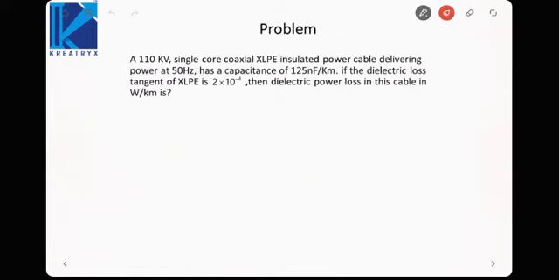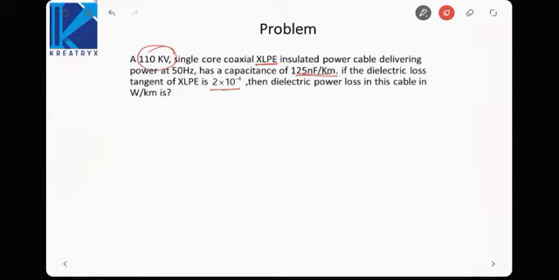Let us look at a problem based on the underground cable. A 110 kV single core coaxial XLPE (cross-linked polyethylene) insulated power cable at 50 Hz has a capacitance and dielectric loss tangent given. We need to find dielectric power loss. First of all, if you observe the voltage level, it is not given whether it is single phase or three phase, but the voltage rating is high.